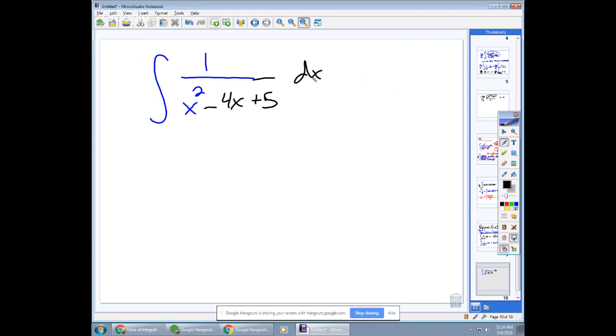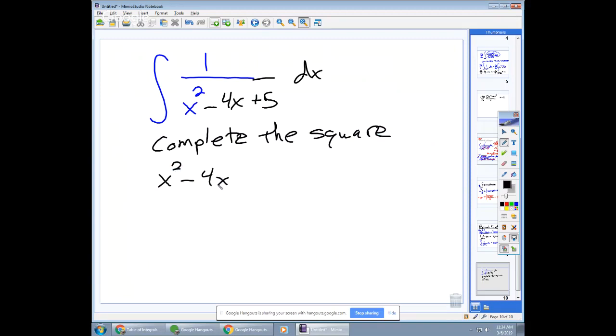Okay, so check this out. If I complete the square on this, well, completing the square says if you have something like x squared minus 4x, what would be the perfect thing to be added or subtracted so that you have a perfect square? Well, the trick for completing the square is you take that middle minus 4 and you cut it in half, right? And then you take that thing you cut in half, which would be -2, and you square it.